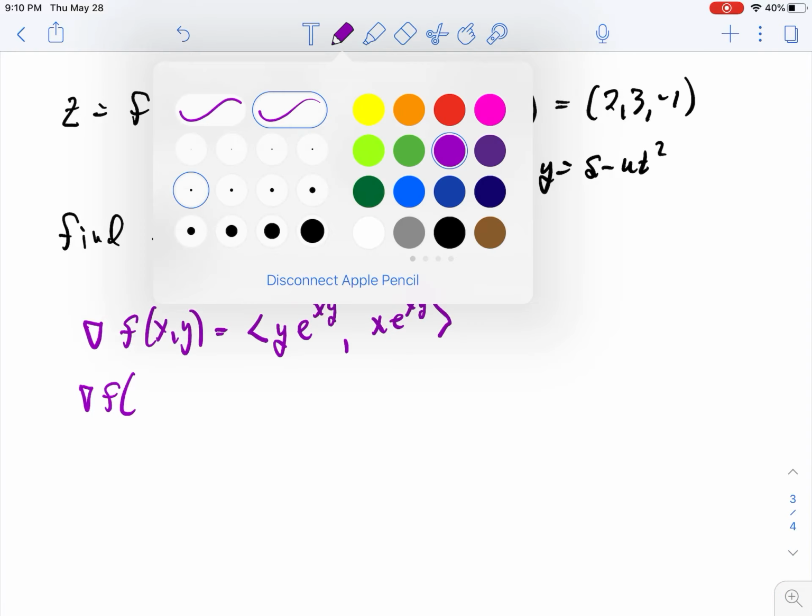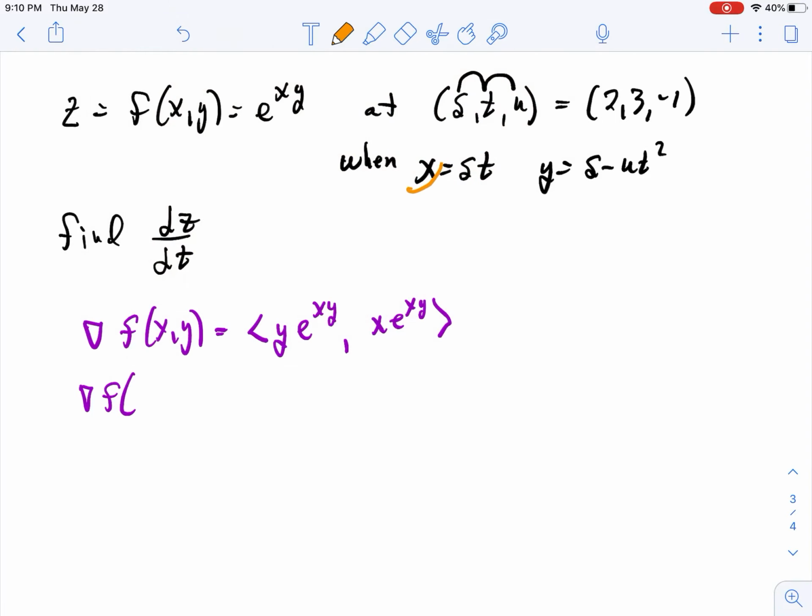Now, what is my x? What do I plug into that? Here's my x: my x is st. So wherever I have an x, I'll put st in. For my y, I'm going to plug in s minus ut squared.